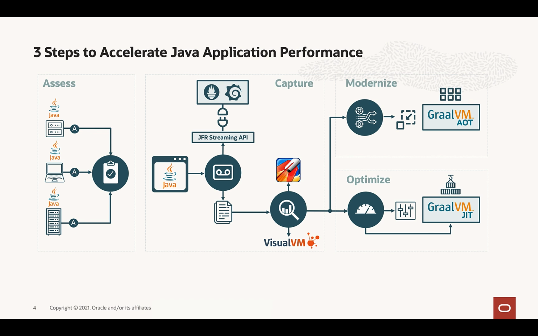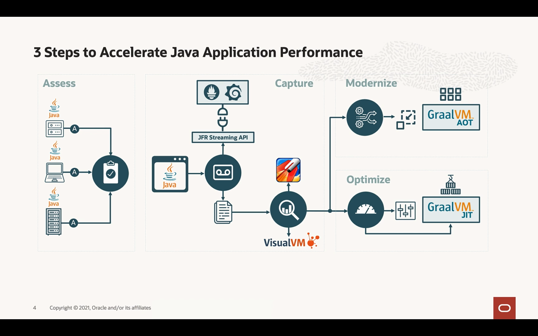In this instance, you can take advantage of GraalVM's ahead-of-time compilation. With AOT, you can create native executables that start almost instantaneously. So AOT compiles applications ahead of time into native executables, and this vastly improves startup times and memory footprint.